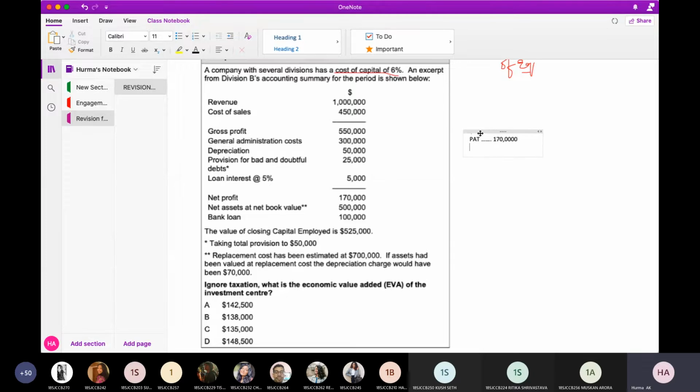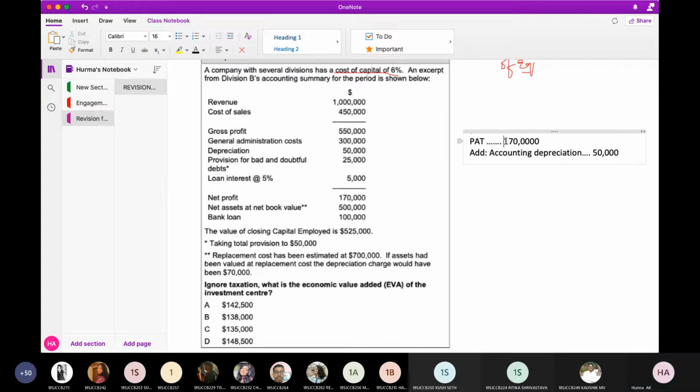Then what do you add back? Accounting depreciation of 50,000. Correct. So this depreciation that they've given here is the accounting depreciation. We need to add that back because they've also given us the economic depreciation, which we will deduct. So this is 50,000 to be added.